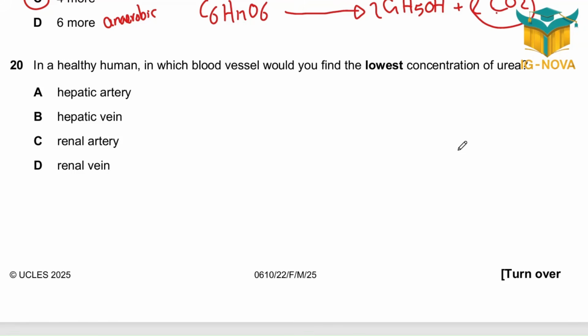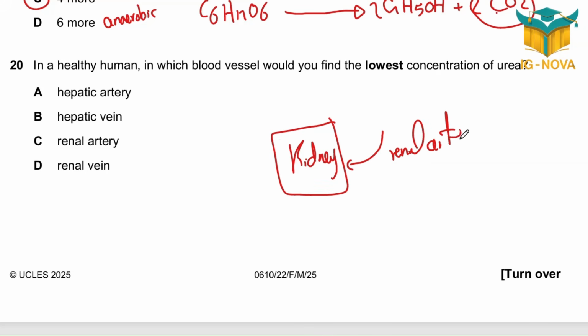Half paper. In a healthy human, in which blood vessel would you find the lowest concentration of urea? Lowest concentration of urea after removal of urea from the blood in the kidney. So this is the kidney. Excretion occurs. Renal artery should have highest concentration of urea, and renal vein should have lowest concentration of urea.